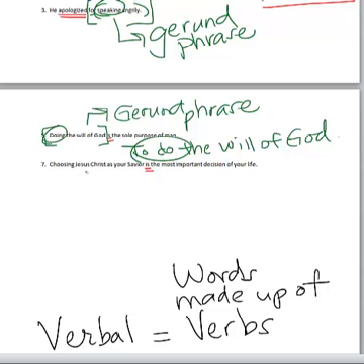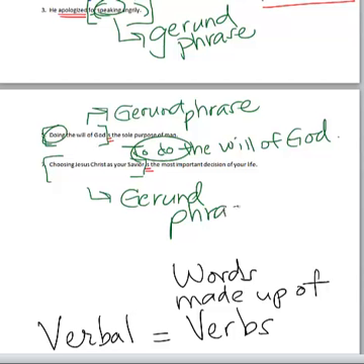Okay, and then this last one, choosing Jesus Christ as your Savior is the most important decision of your life. Once again, choosing Jesus Christ as your Savior is a gerund phrase, acting as the subject of the sentence. All you have to do is circle choosing. I know that verbals can be challenging.